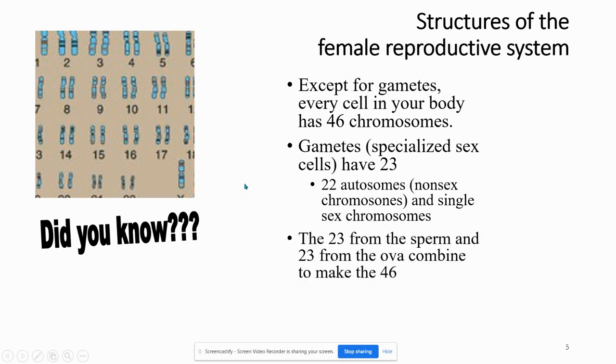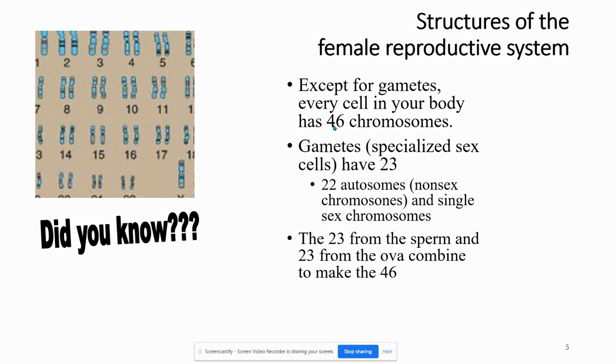We have to have 23 chromosomes in an egg and 23 chromosomes in a sperm, because when Mr. Sperm meets Mrs. Egg, they need to combine to make that normal 46. If eggs had 46 and sperm had 46, then when egg and sperm unite, that would be 46 plus 46, 92 chromosomes, and that's way too many, and the baby would never be made.